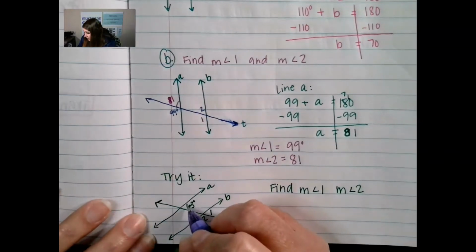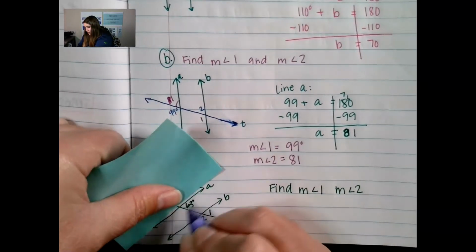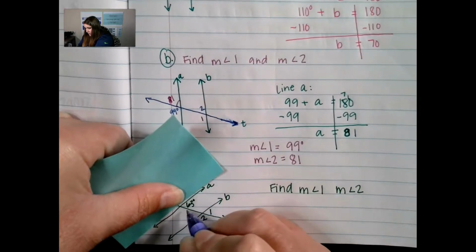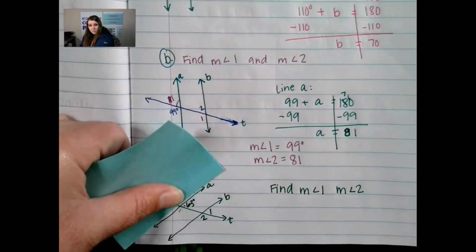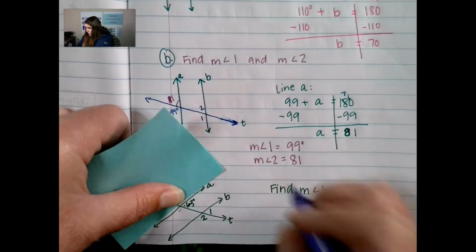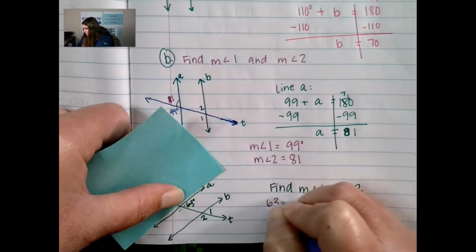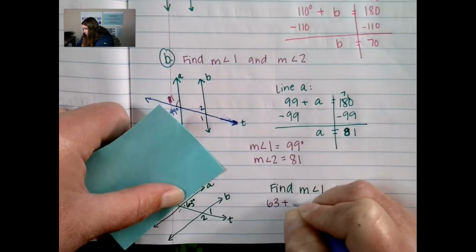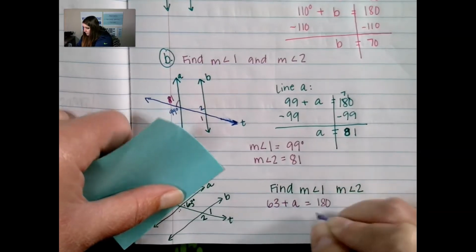Okay, I know that on this line, if I cover this up, I just have a line right here. A has to equal 180. So this and this together have to equal 180. So the measures of 1 and 2 also have to equal 180. So 63 plus some unknown angle has to equal 180.